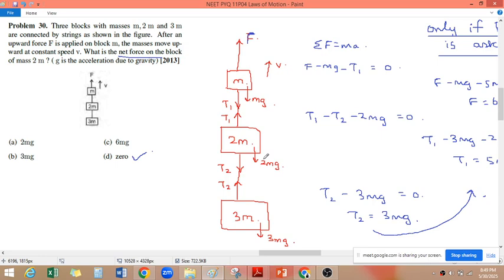In fact, the net force on each of the blocks is 0, because here also it is 0, here also it is 0, here also it is 0. Okay, you see, net force is 0. If you are wondering how that is possible, you should know that constant velocity means acceleration is 0. Acceleration 0 means net force is 0.